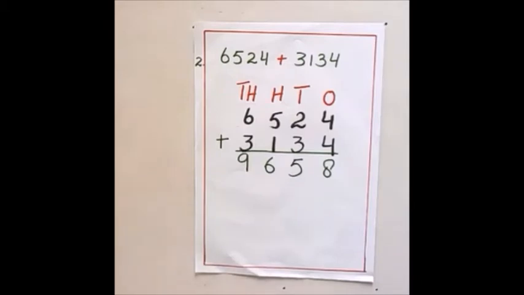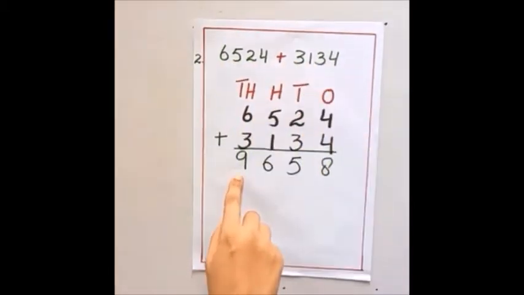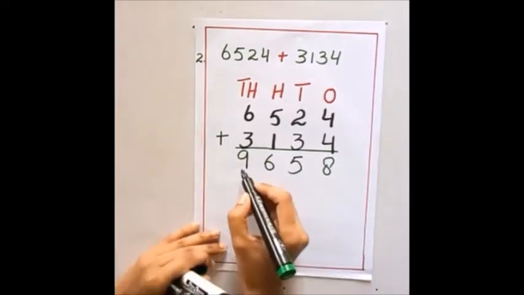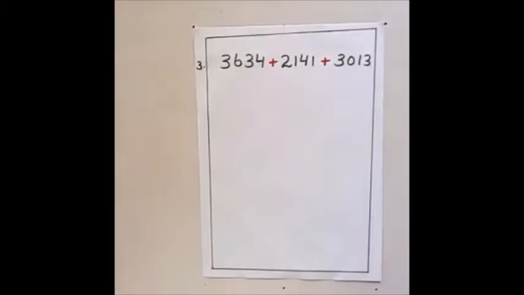So the sum of these two numbers is 9658. So we have seen how we can add two 4-digit numbers.